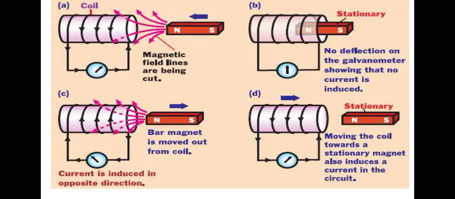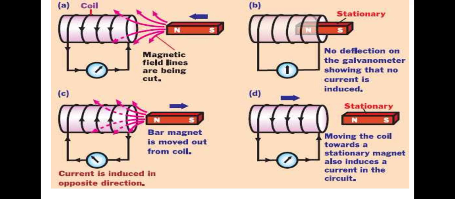When both are stationary, you will observe no deflection on the galvanometer. Can you see the needle? It is straight. Neither it is deflected towards right nor towards the left. It means that electricity is not generated, or the current is not induced in case where the coil and the bar magnet both are stationary.